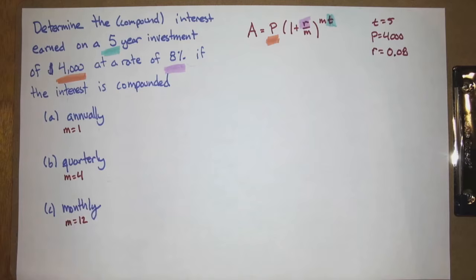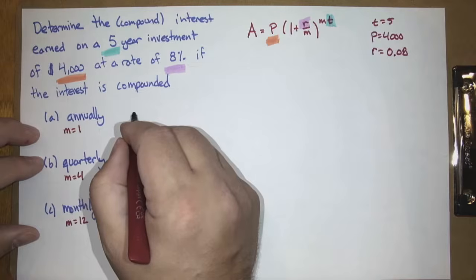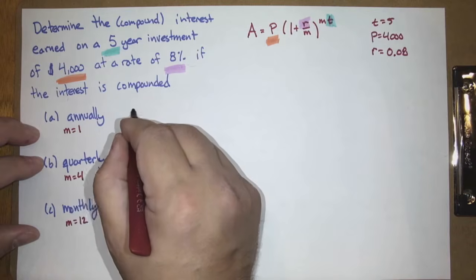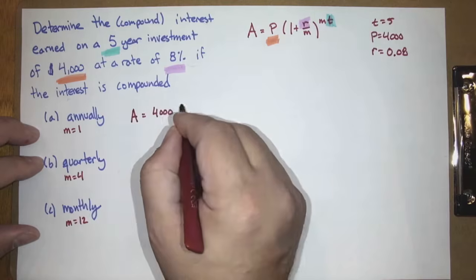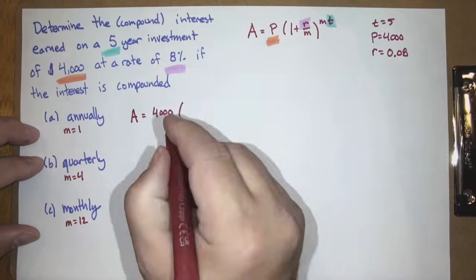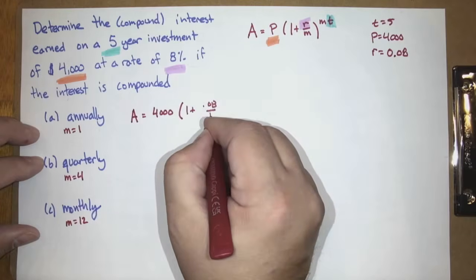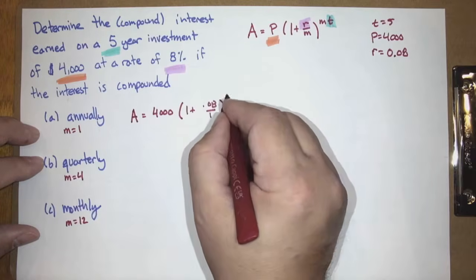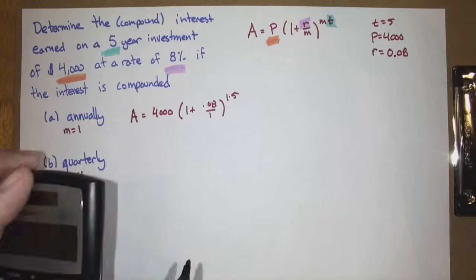So let's go ahead and we'll start with annually. So we have our amount that we're going to have in the future. That's 4,000. And I'm just plugging in what we know. Times 1 plus 0.08 divided by 1 to the 1 times 5. And this is a great chance for us to use our calculators.